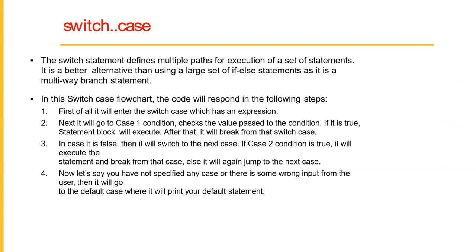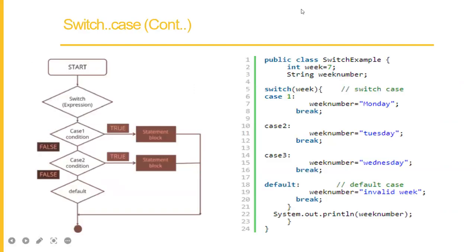If there is a break, say here break is there, right? Here, the break statement. Once this condition is met, then it will go to break. If you do the break, then it will exit the switch case.